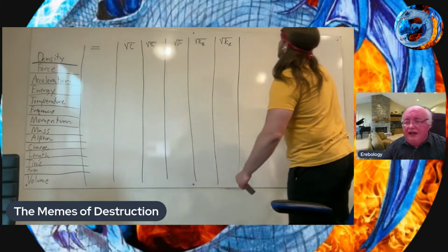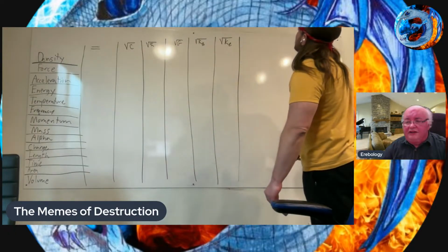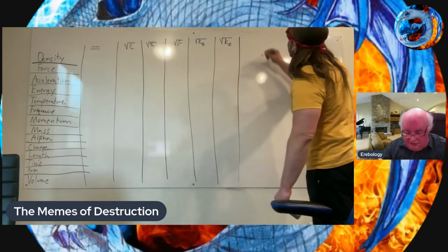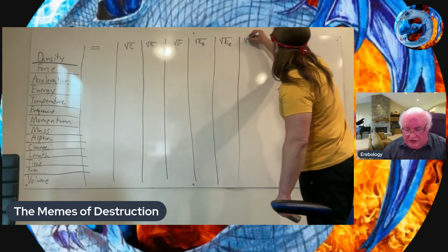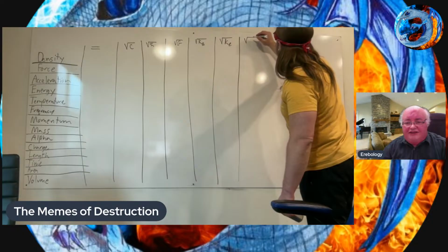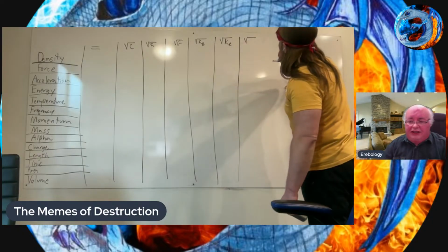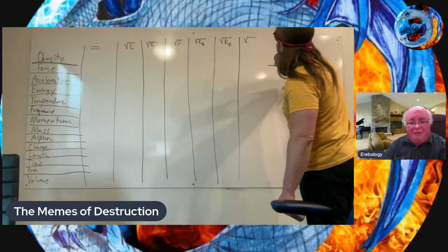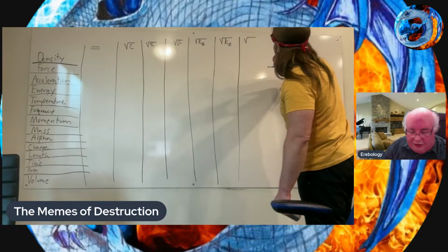And then the next one is radical charge of the electron. So it's radical lowercase e. And I kind of want to do an e sub little e, so that people know that this is not Euler's constant.